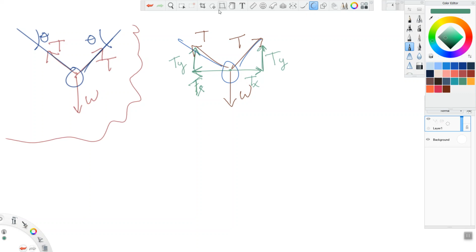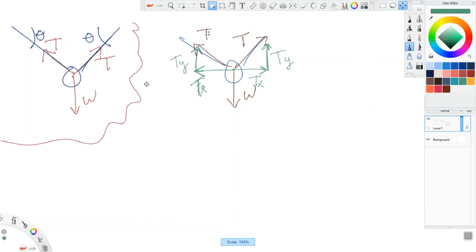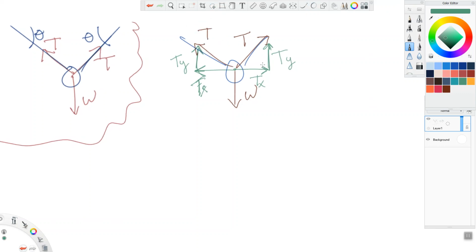So I'm going to take this little piece right over here and let's write our equilibrium statements down below. We're going to say that the summation of my forces in both the x and the y direction equal 0 because this object's not moving.